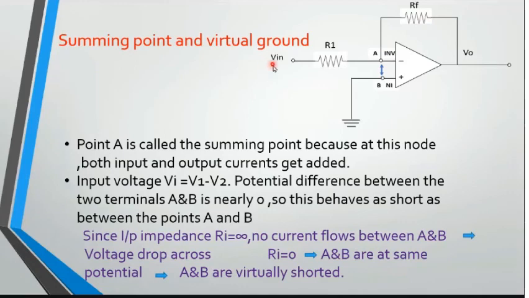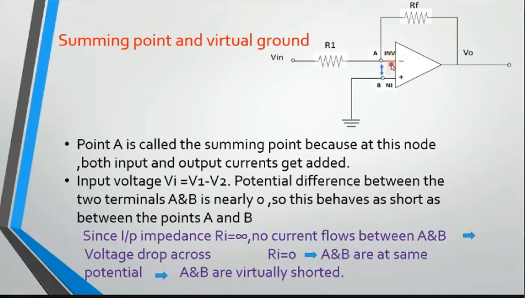Vin is the signal which is connected to the inverting terminal through R1. RF is the feedback resistance, VO is the output, NI is the non-inverting terminal. Now, in the previous slide, we saw that at the input terminals, the resistance is maximum.